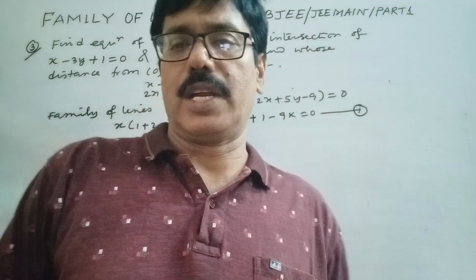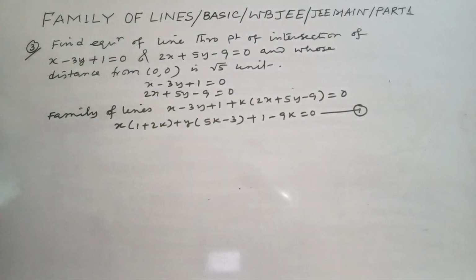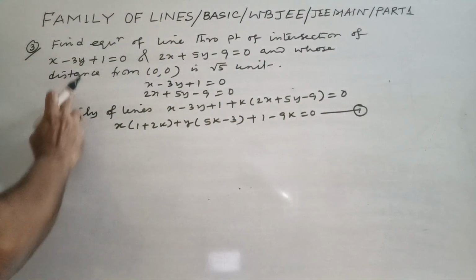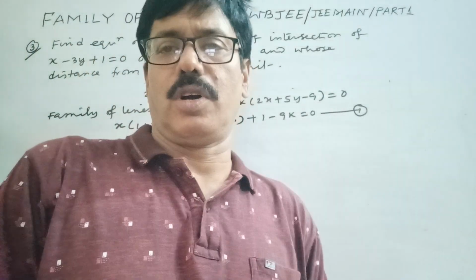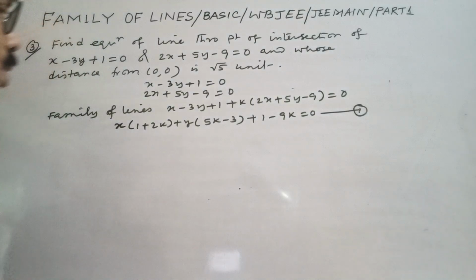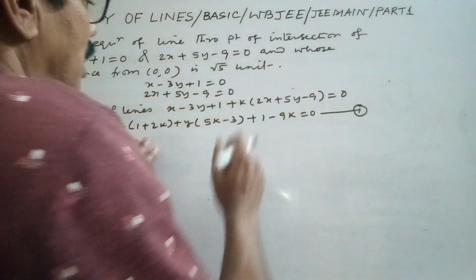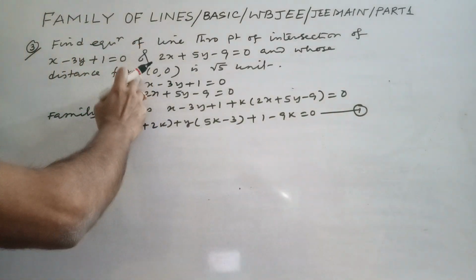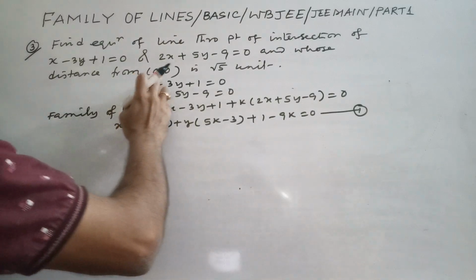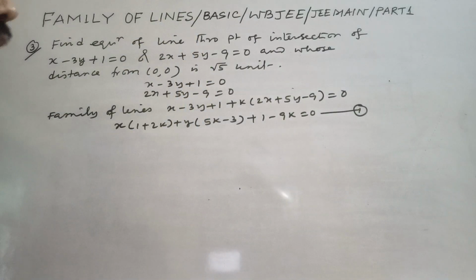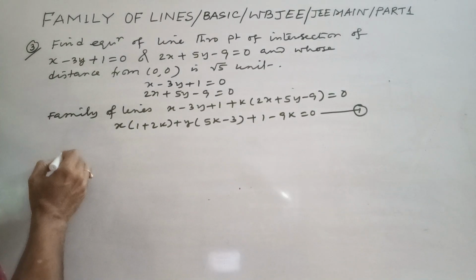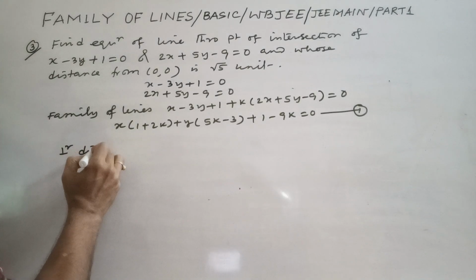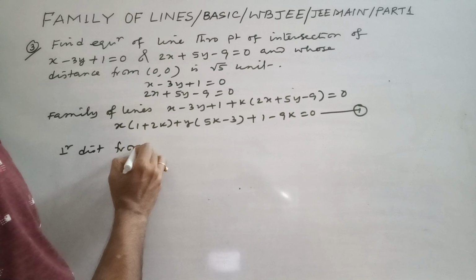So we are getting the combined equation of the family of lines. Now it involves k. Now to find k, one condition is given. What is the condition? Its distance from (0, 0) is √5. So the perpendicular distance from (0, 0).